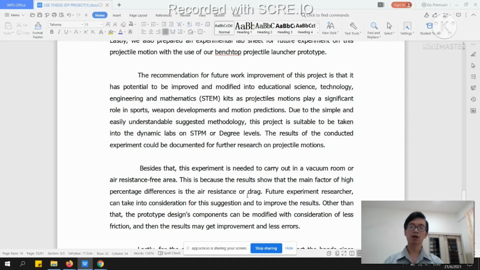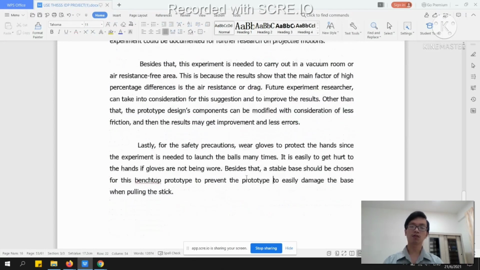The results obtained can also be documented for further research. Besides that, this experiment needs to be carried out in a vacuum room or air-resistance-free area, because the high percentage difference is due to the air resistance or drag. Further researchers need to take this into consideration.